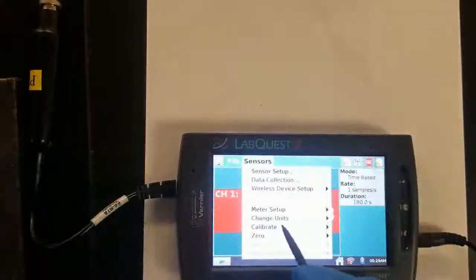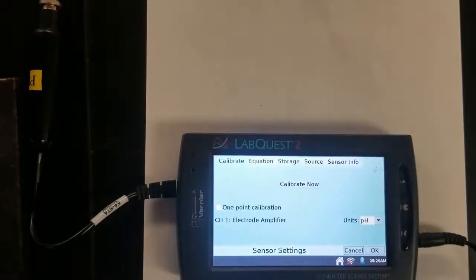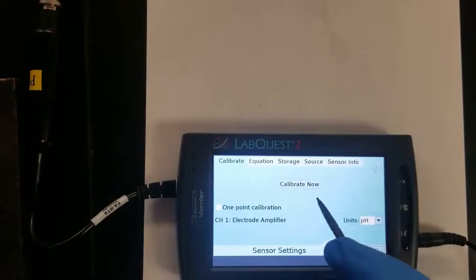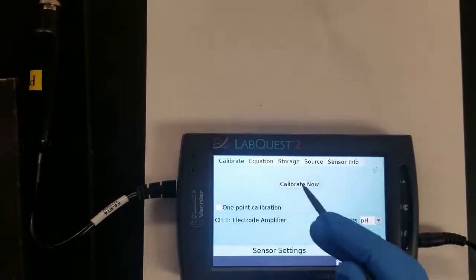And then I will press this calibrate button. Now yes, this electrode amplifier. And then I will click calibrate now. You can see I have pH selected down here.